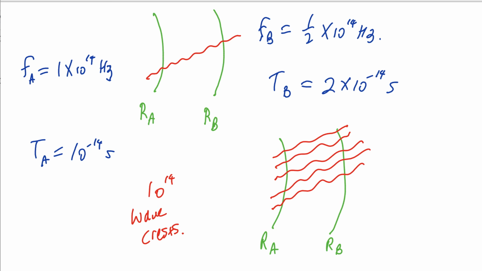That means that for observer A, between these events, the time period that has elapsed is 1 second. Whereas for observer B, the time between these events is 2 seconds.